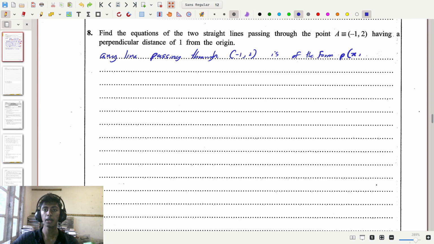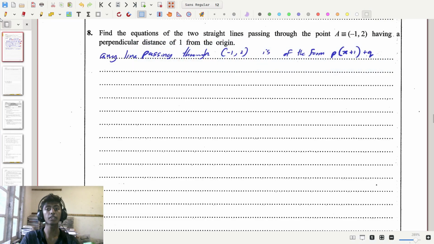So p times (x plus 1) plus q times (y minus y0), where y0 is equal to 2, so we have q times (y minus 2) equal to 0, where p, q are elements of the real numbers.